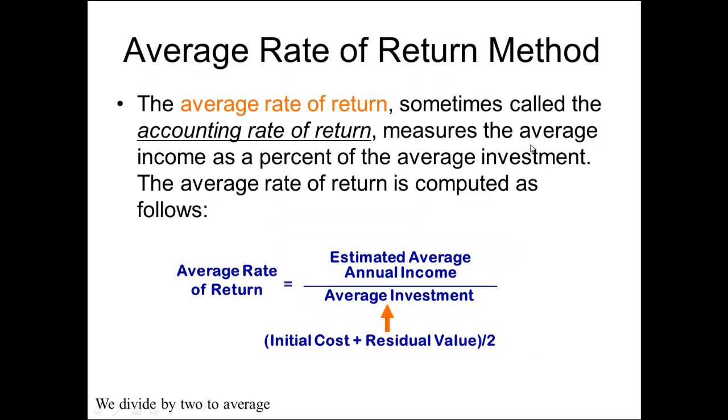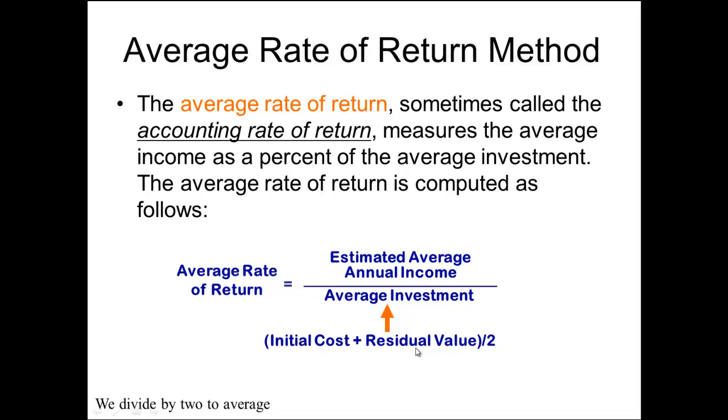So let's talk about this average rate of return method. This method measures the average income as a percent of the average investment. The average rate of return is computed as follows. It's the estimated average annual income divided by the average investment. It's pretty easy, huh? In order to come up with this figure for the average investment, we take the initial cost and we're going to add to that the residual value.